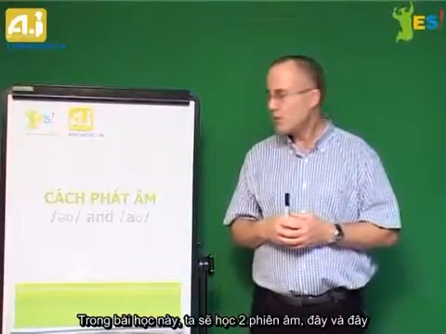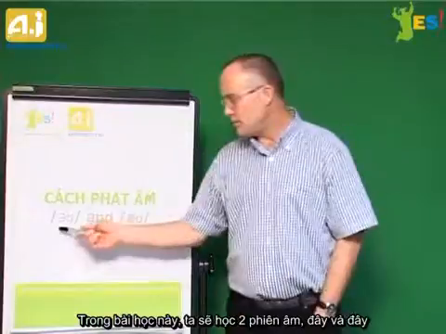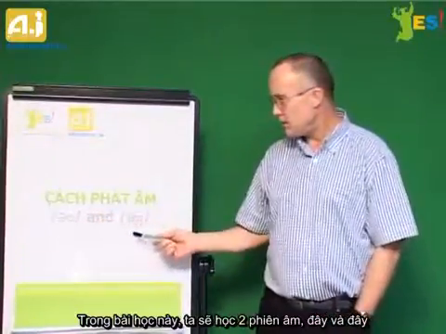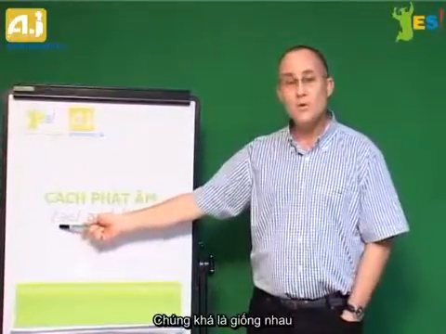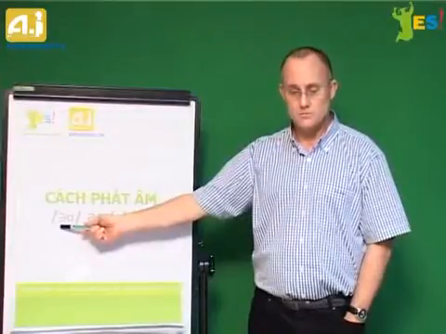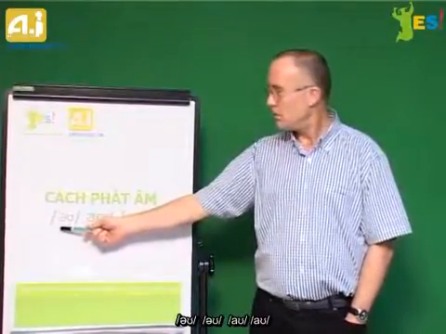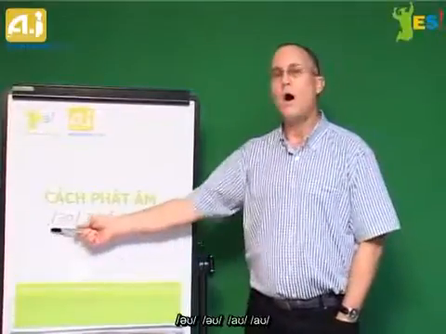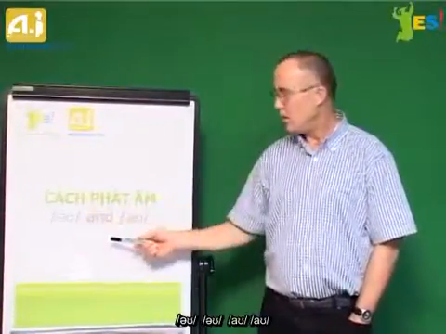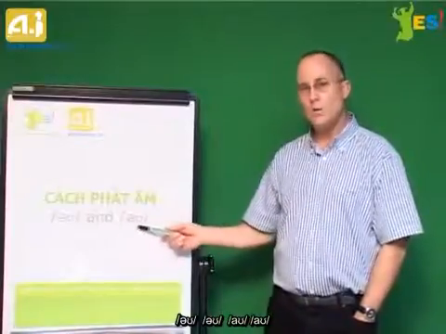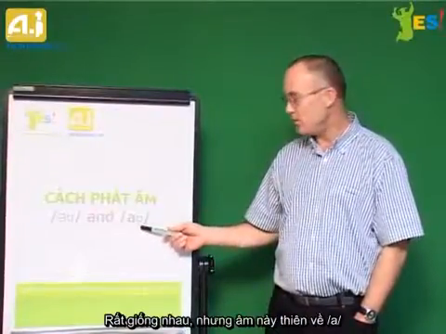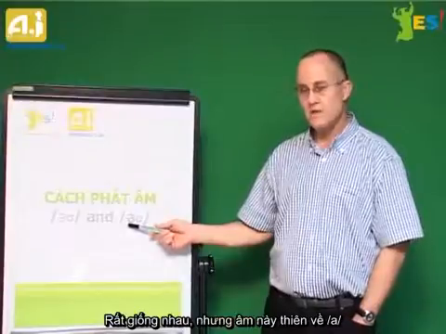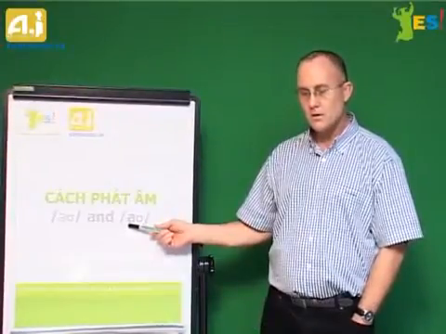In this lesson, we're going to look at two sounds, here and here. They're very, very close. Ow, ow, ow. Very close, but this has more of an ah sound.